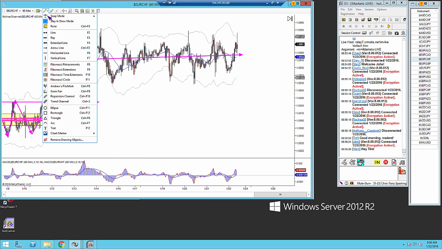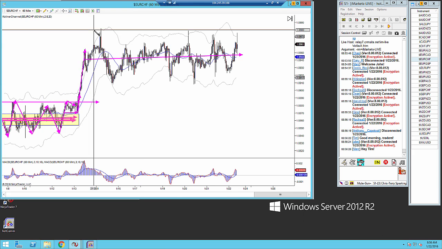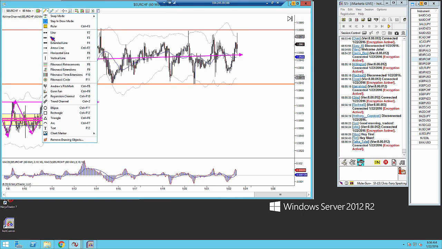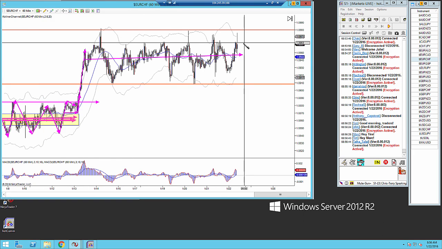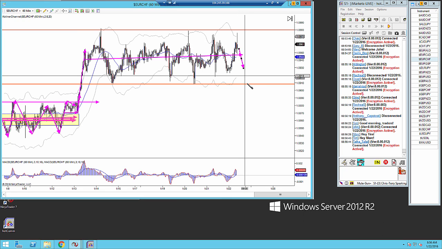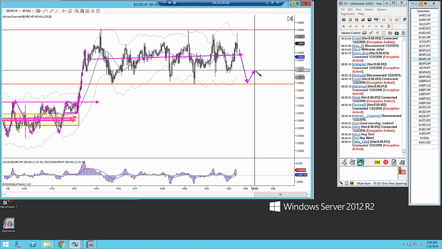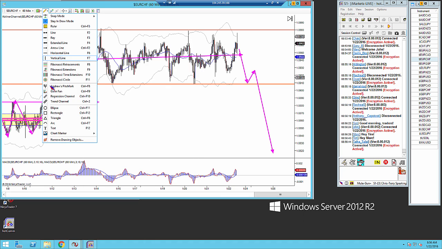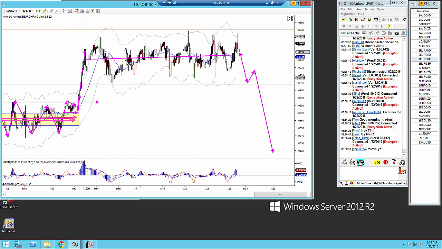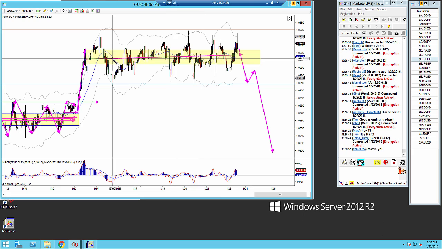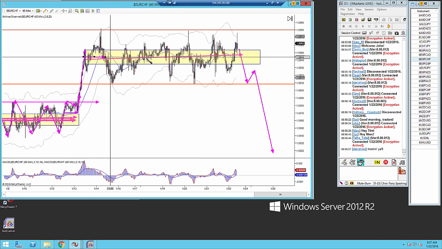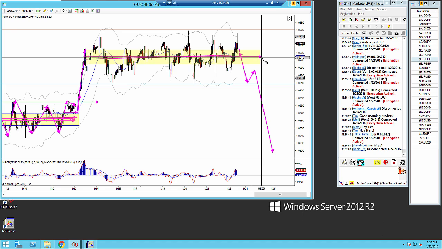Until it gets above here, until it gets above there with impulse, let's just say it goes like this, and like that. So until it goes outside of it, you're still going to sit in what's called a sideways line. This is where most people get hurt. I don't like looking for markets that are in sideways lines.